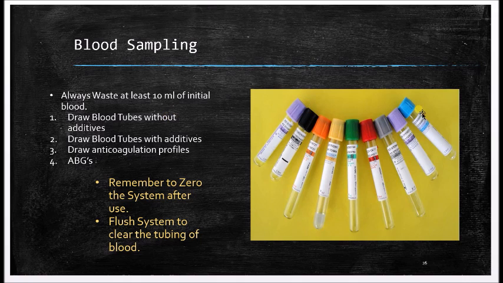The colors of the tubing and the brands will vary very widely, even within hospitals in the same city, so check your policy. Next, you're going to draw blood tubes with additives in them, followed by your anticoagulation profiles, so your PT/INR, usually the blue top with the citrate in the bottom, the little liquid. And last but not least, you're going to do your ABGs.